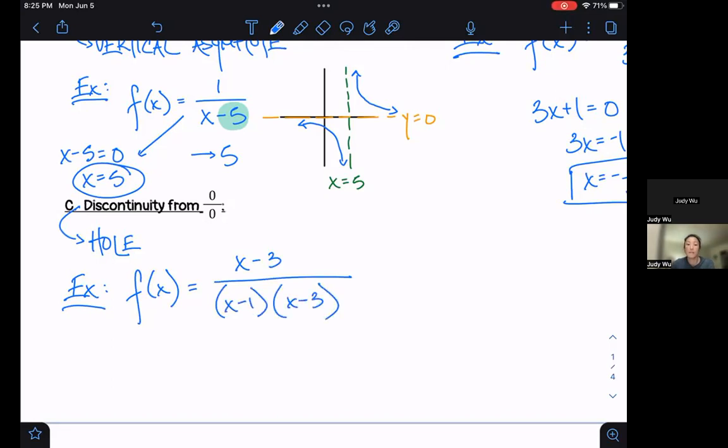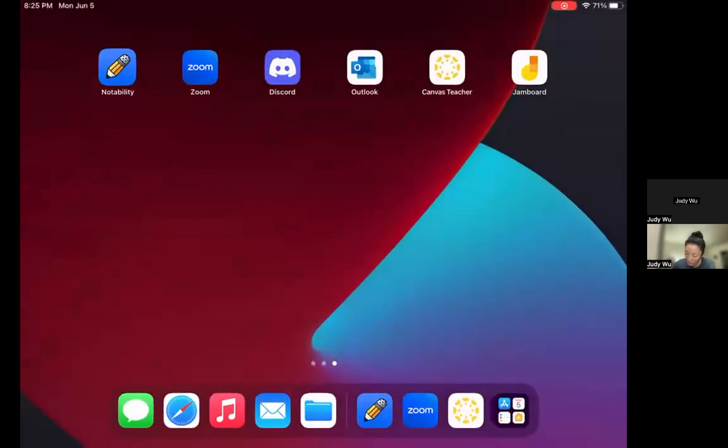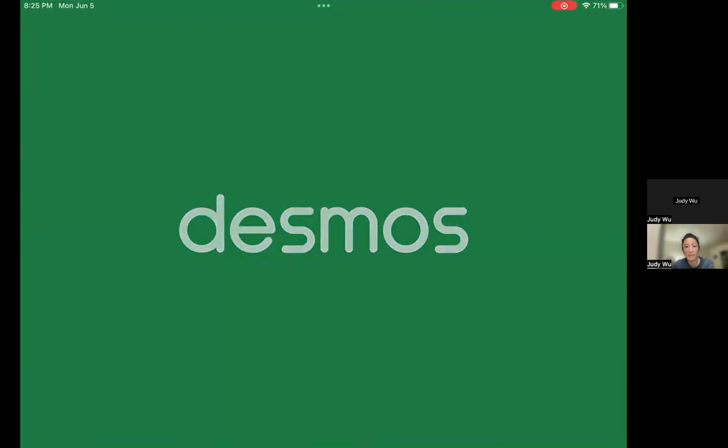Okay. Now I'm going to go ahead and graph this on Desmos. All right. So if you have a phone or a computer or a tablet, you can go to Desmos. And it looks something like this. All right.